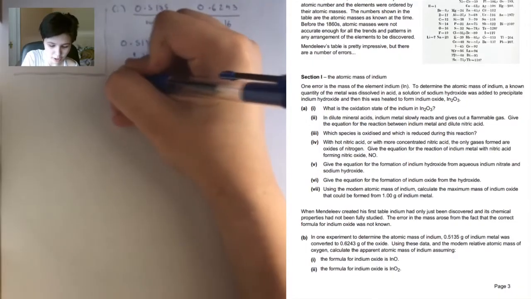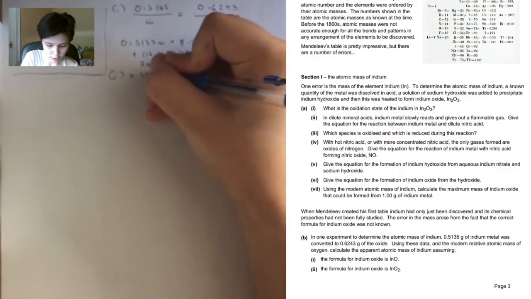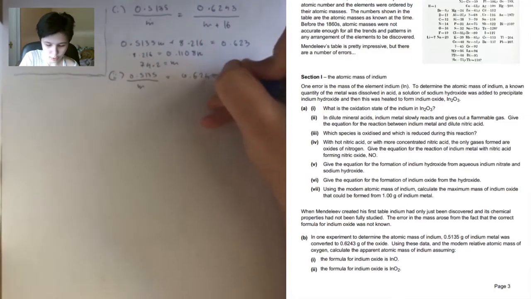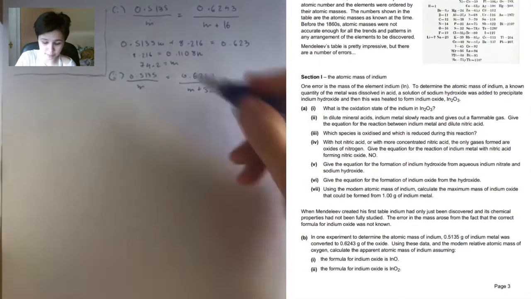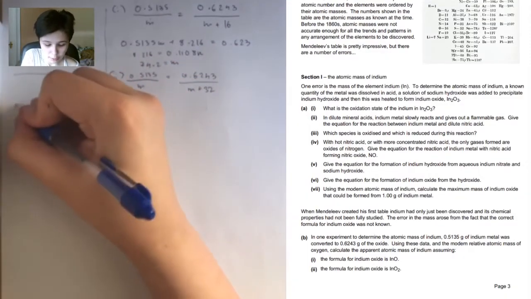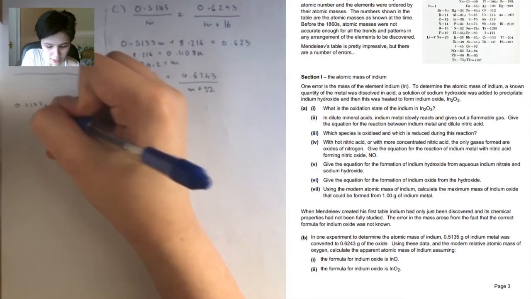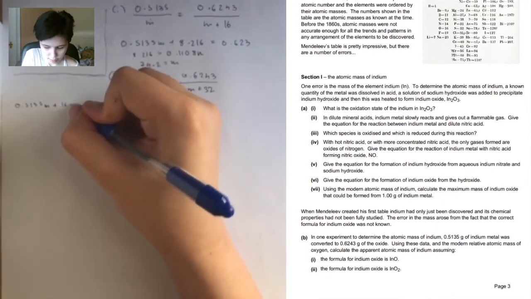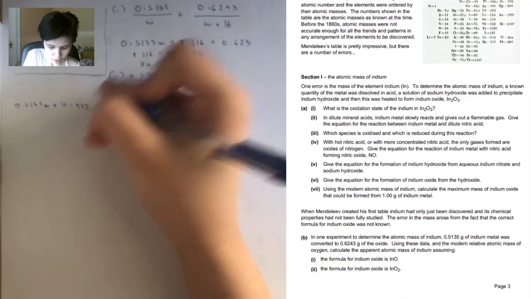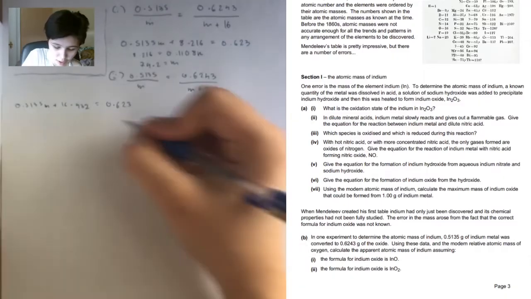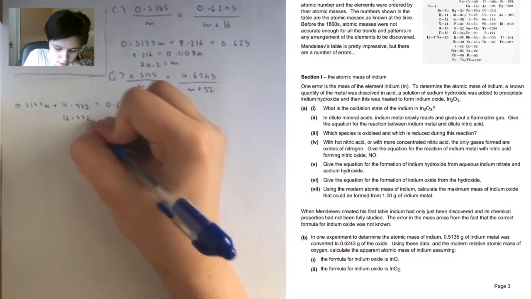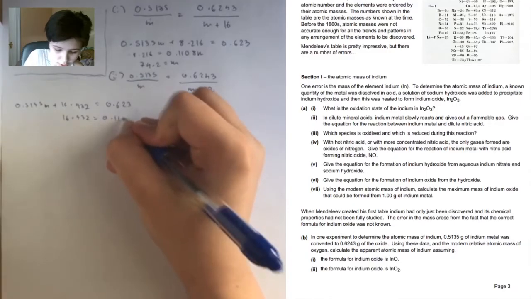Assuming the second one, I still have nearly the same equation. 0.5135 over m is equal to 0.6243 over m plus 32 instead this time. So, solving again, I have 0.5135 m plus 16.432 is equal to 0.623, and subtracting, I get 16.432 is equal to 0.1108 m.